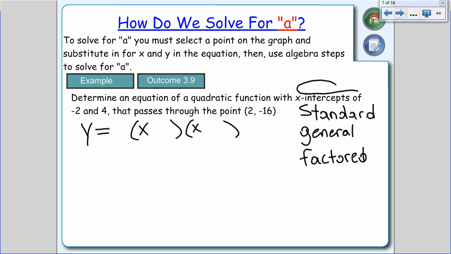It's going to be x + 2 and x - 4. Here's why. It's opposite because your actual answers were 4 and -2. The actual value of x that worked for an x-intercept was 4. So if you put 4 in here, it'd make it 0. So it has to be the opposite. When you're putting your x-intercepts into factored form, it's reversed.